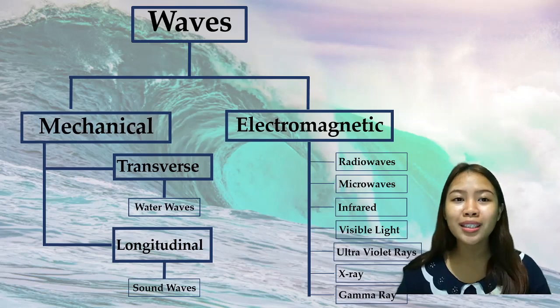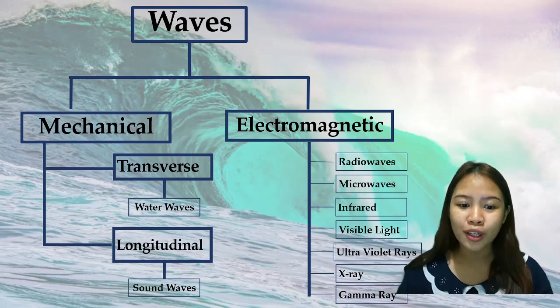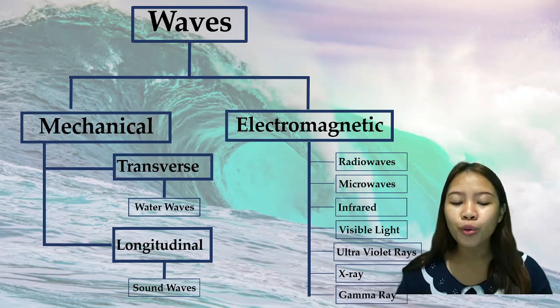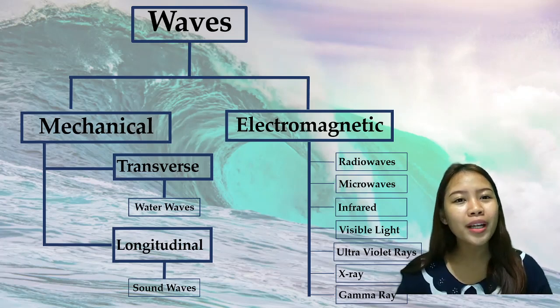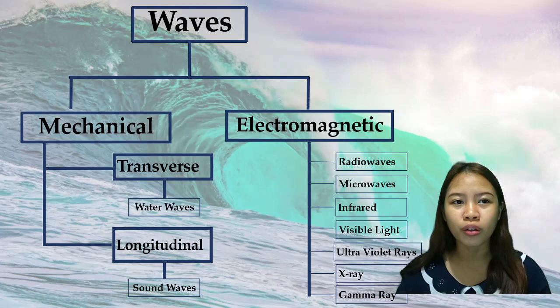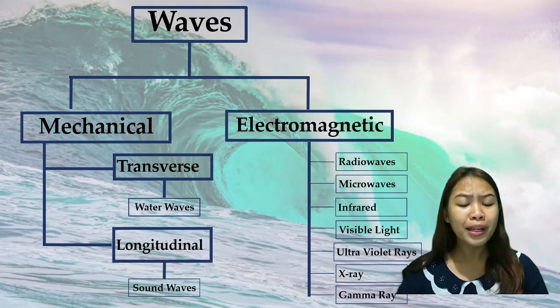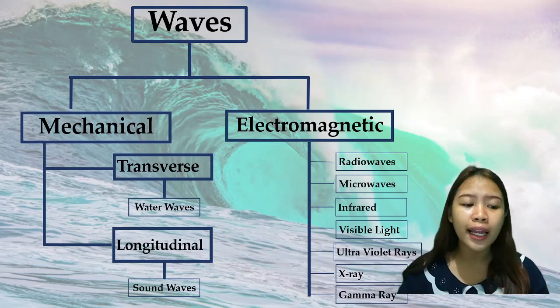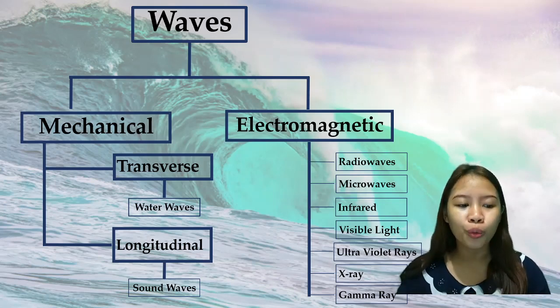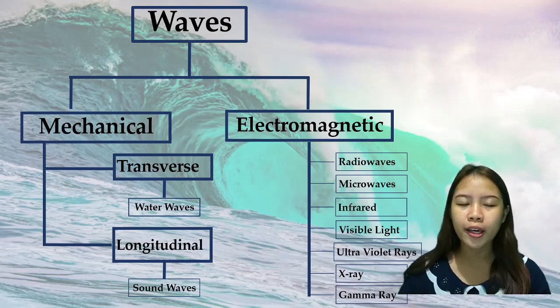These belong to the electromagnetic waves. Meaning these 7 waves can pass through from one location to another without requiring a medium. Okay? But now, we're going to focus only on the mechanical wave. Okay?